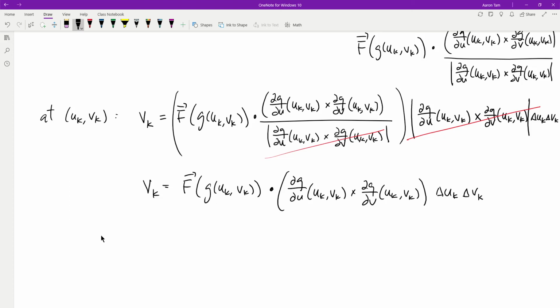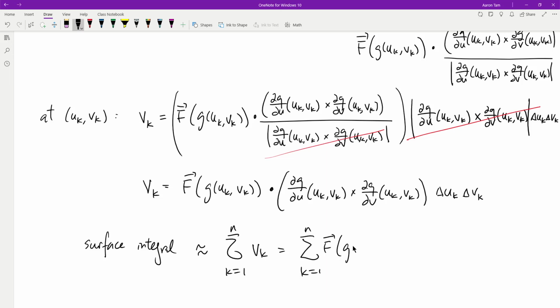So I can say that this surface integral is approximately equal to the summation k from 1 to n of vector f of g of u sub k, v sub k, dot product dg over du at u sub k, v sub k, cross product dg over dv at u sub k, v sub k.